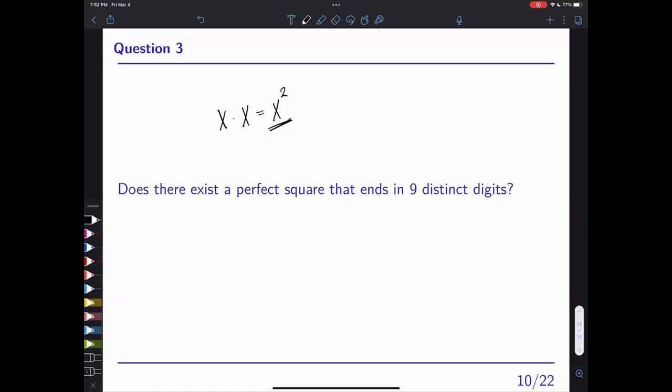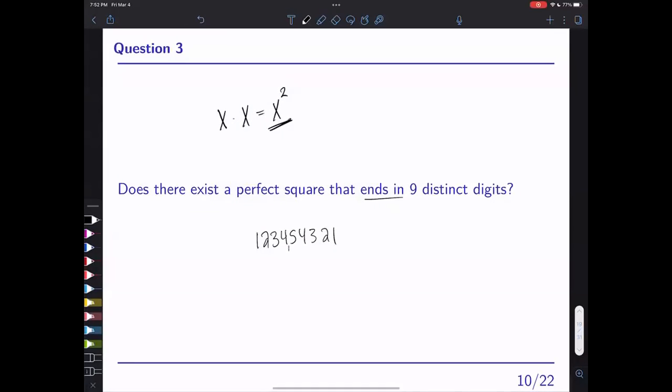And now I'm seeing some messages. I want to clarify something. Maybe this is my fault for the wording, but it said ends in 9 distinct digits. So if I do 1, 2, 3, 4, 5, 4, 3, 2, 1, I think that's 12,345,4321.